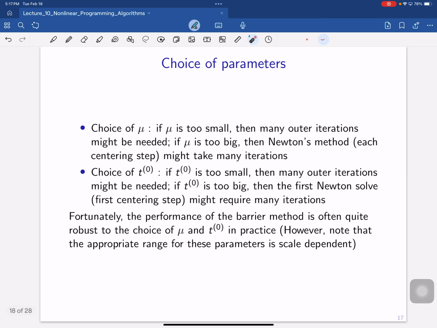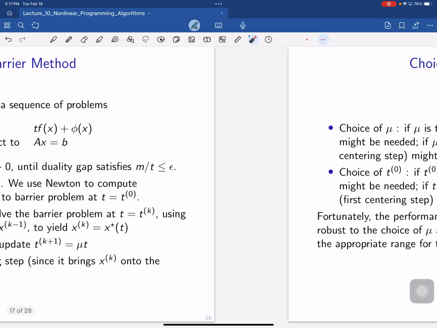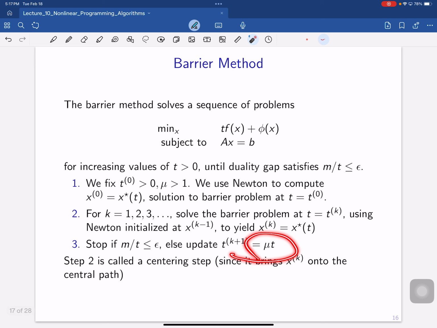Okay, and then there are some high-level ideas of how you choose t. I mean, if t is too small, of course, you need many outer iterations. When t is too big, maybe the first step will be difficult to solve, right? When t is big, the Newton solve will usually take more iterations. And then this mu parameter is how much you are going to increase t after each iteration. Right?